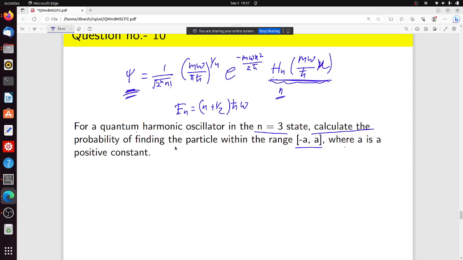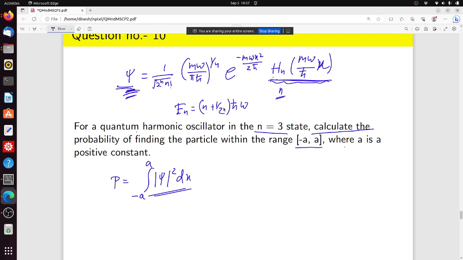You have to calculate the probability of finding the particle from minus a to a. So you have to calculate this term, right? So psi, you have to do this integration.